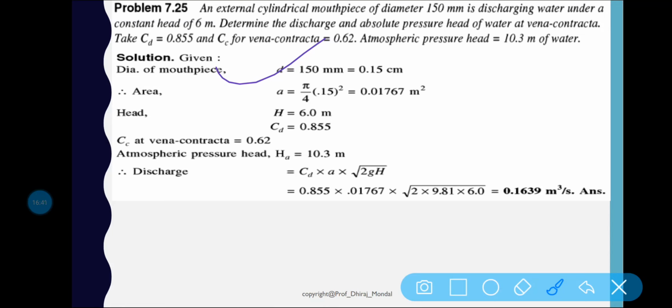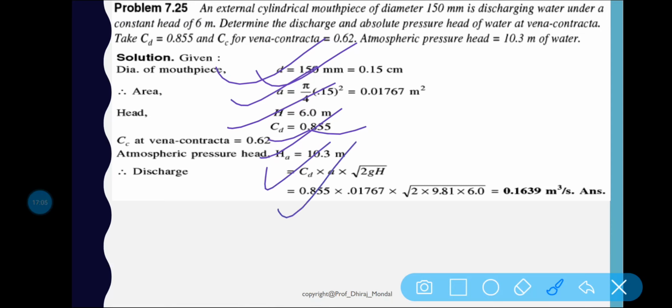Okay. Now the diameter of the mouthpiece is equal to 150 mm. Area you can find out. Head is given, Cd is given, Cc is given. So atmospheric pressure head is equal to 10.3 meter. So discharge is equal to Cd into area into velocity.